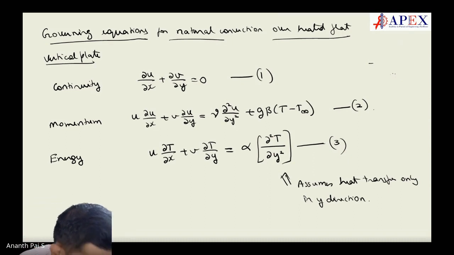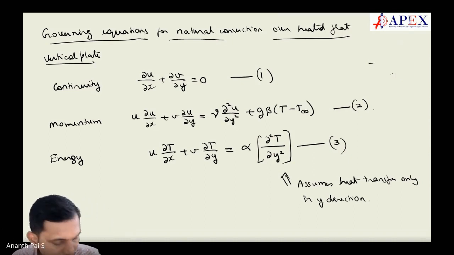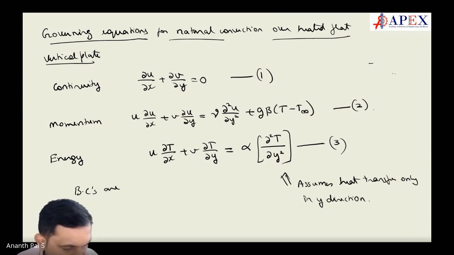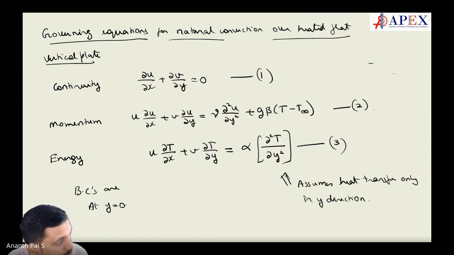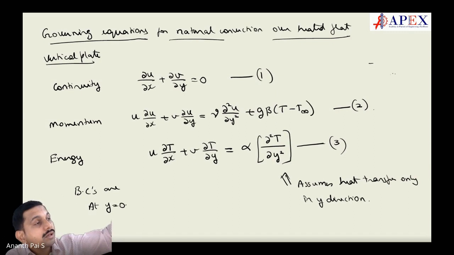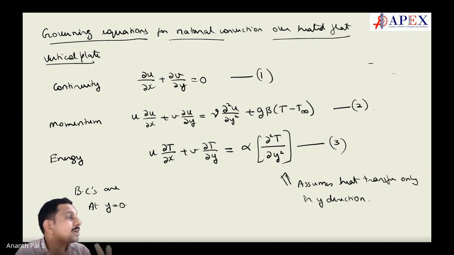Fine, done. Now let us do the boundary conditions. BCs are, g beta into (T minus T infinity). Here there's nothing. Why? Beta has come only because of the force that is being generated.